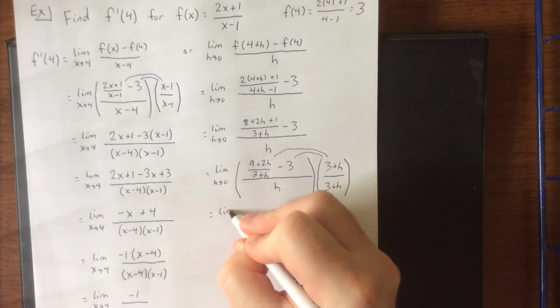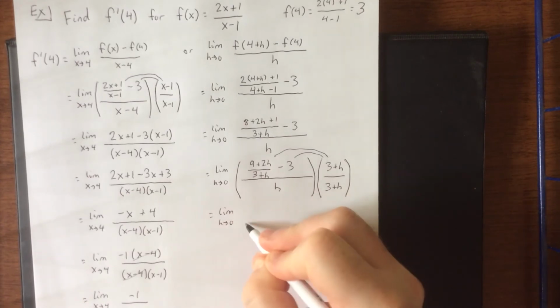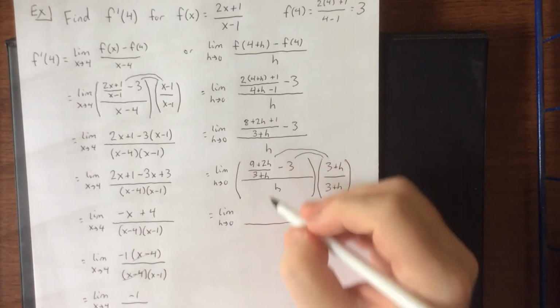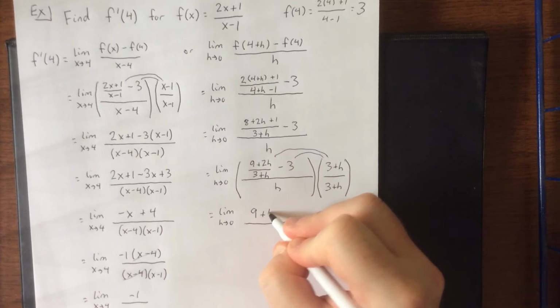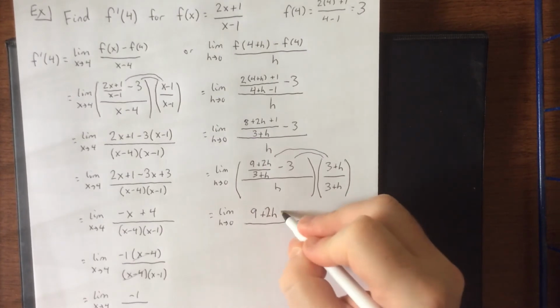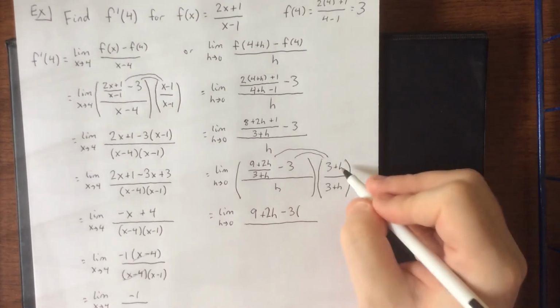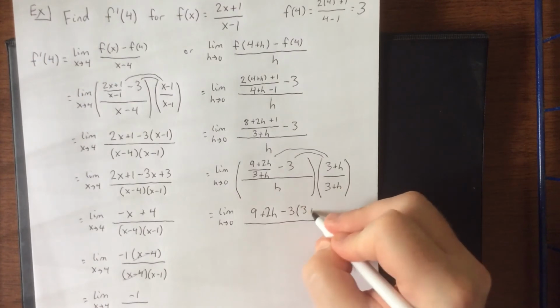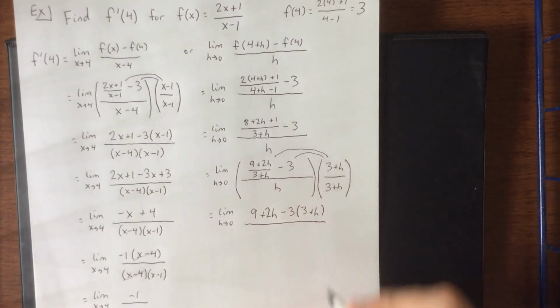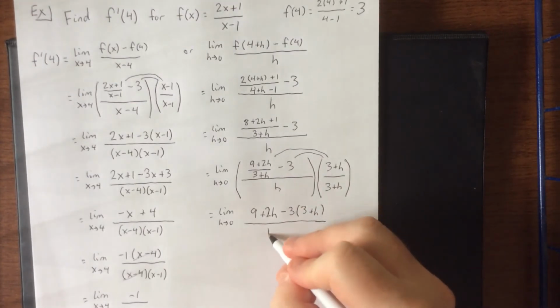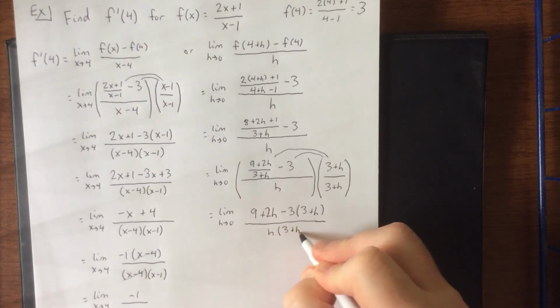When we distribute it to the first term, the first fraction there, it's simply going to cancel with the denominator that's there. So that'll be 9 plus 2h. Then, distributing to the second term, there's nothing there for it to cancel with, so it'll just stick around.